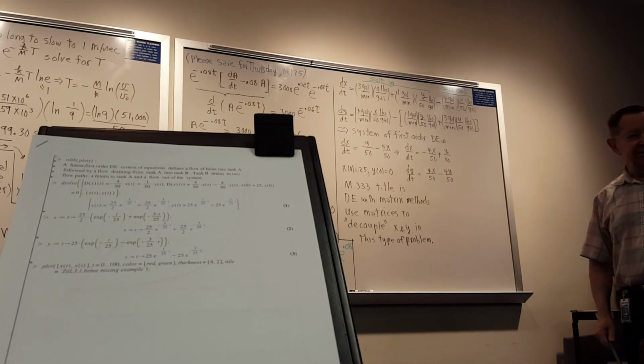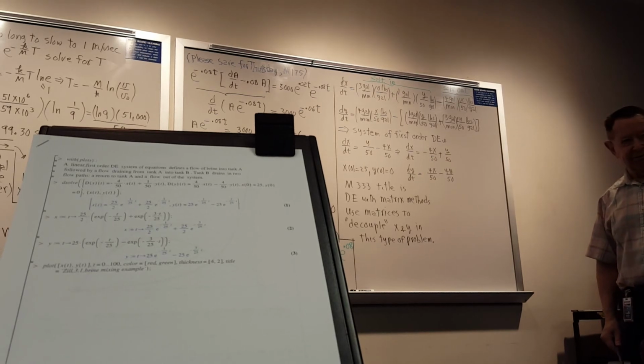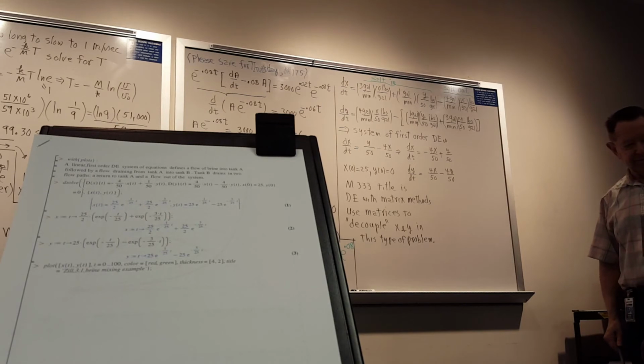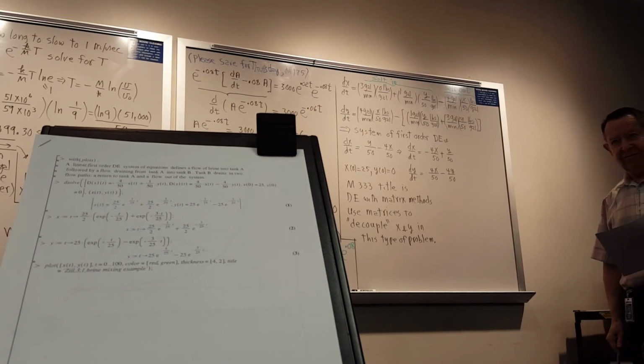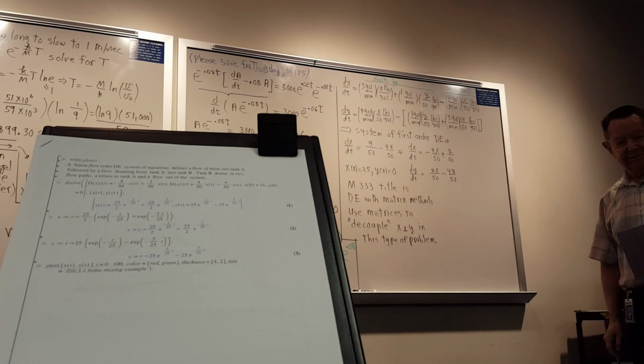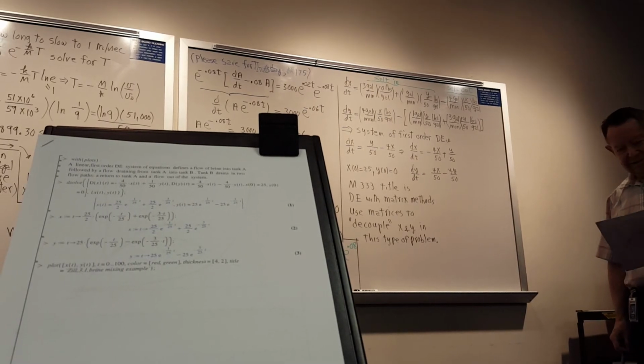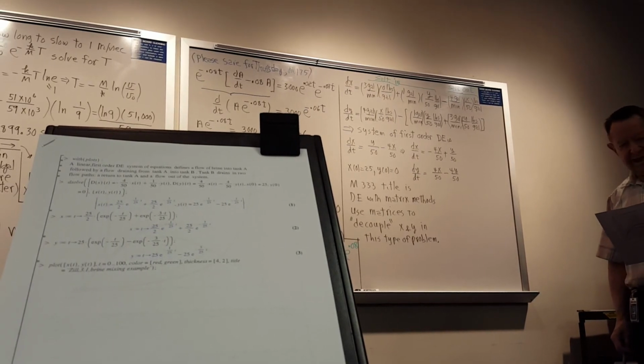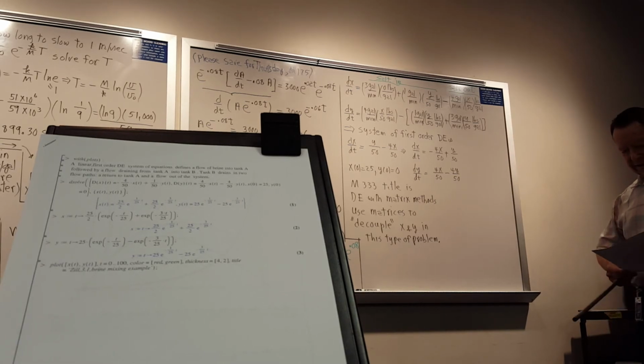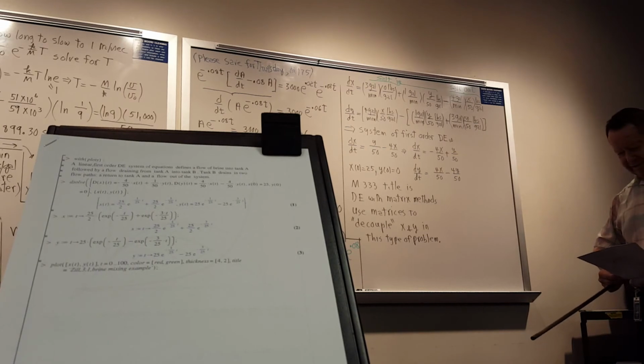So my system is 4 equations, 2 differential equations, and the x of 0 equals and the y of 0 equals. And then you have to say what you're solving for. So the set x of t, y of t. Okay, and if you do that and type it correctly, back come the answers.